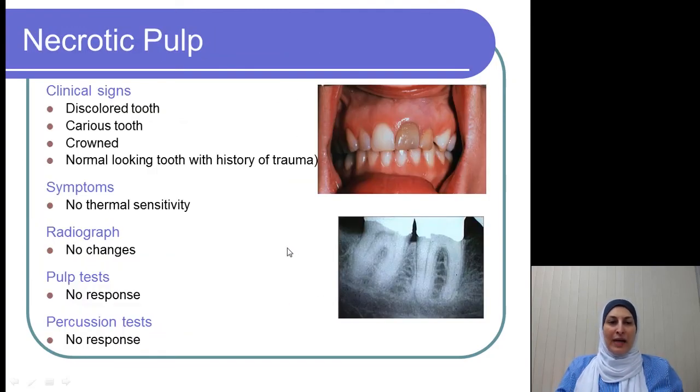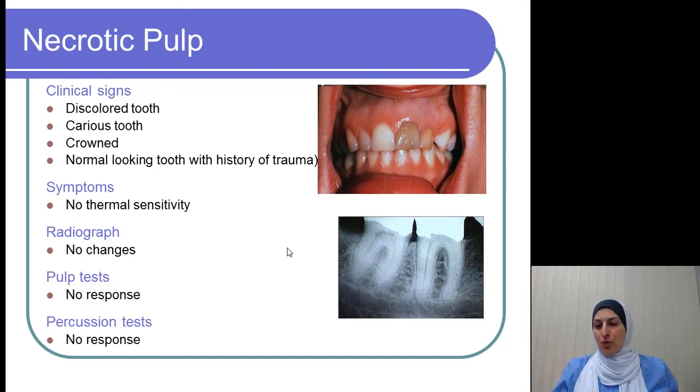Okay, necrotic pulp. When is it safe and correct to say a necrotic pulp? You can say the pulp is necrotic when there are absolutely no symptoms, no pain, the patient is not complaining of any pain, there is no periapical inflammation.